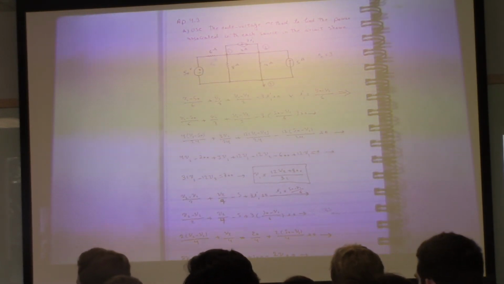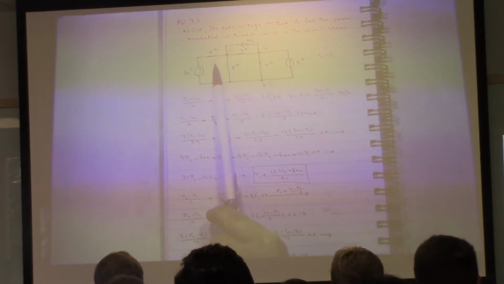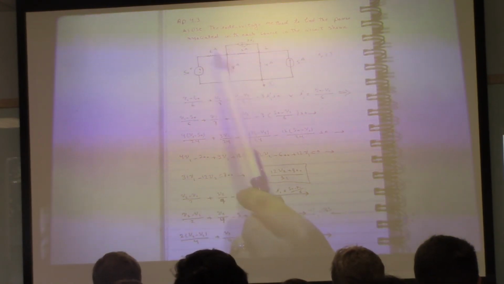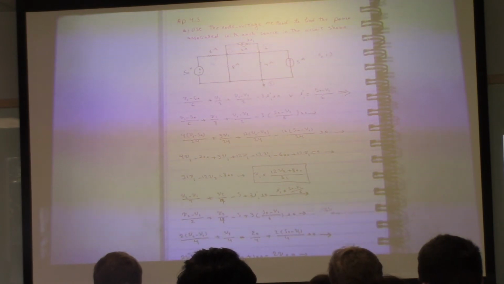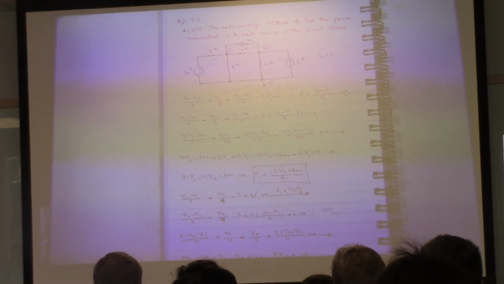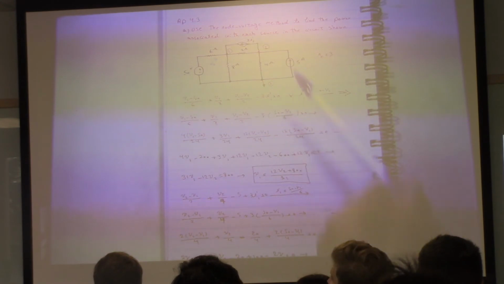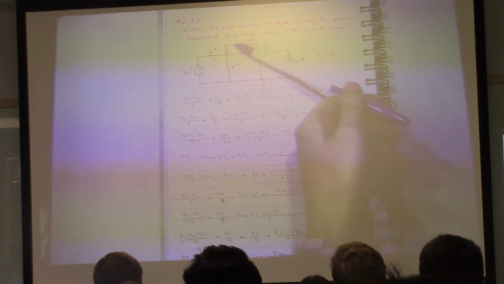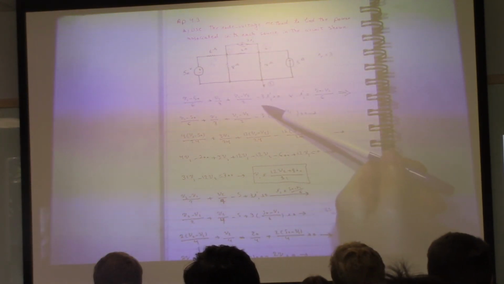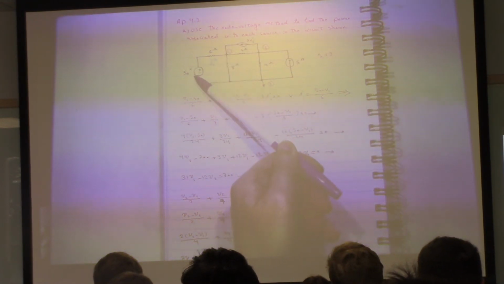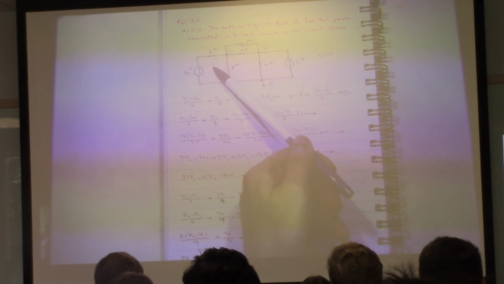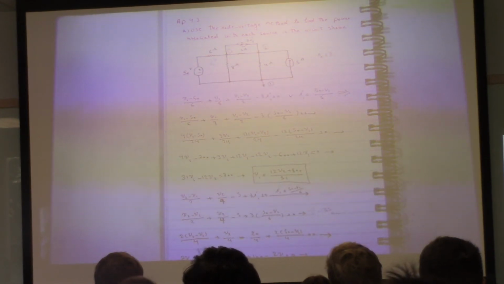But when you want to calculate I1, you say I1 is (50 minus V1) over 6. Is that clear? Okay, one more time, for nodes, you assume that the currents for the branches are leaving unless you have a current source, as you can see over here. So for the current source, because this is entering, you put minus 3. For this one, (V1 minus 50) over 6, you can say this is minus I1.